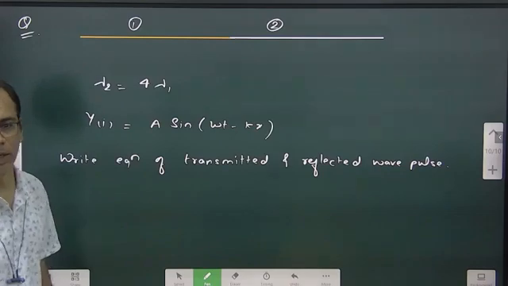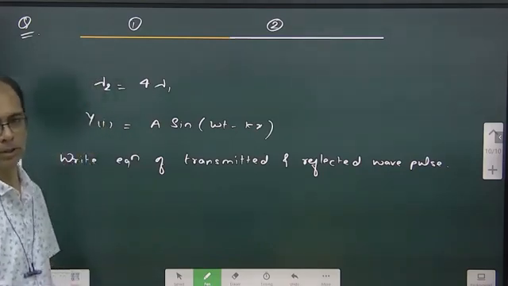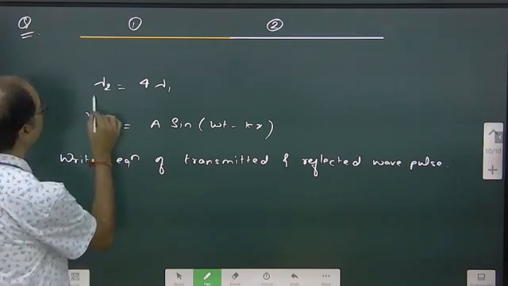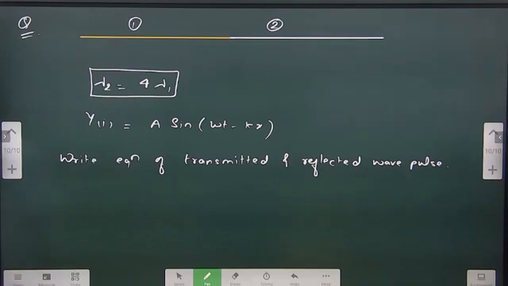Okay, you have to write equation of transmitted and reflected wave pulse. Simple question. Lambda 2 equal to 4 lambda 1. Okay, come on. How are we going to write it? Let's see. Note that first.